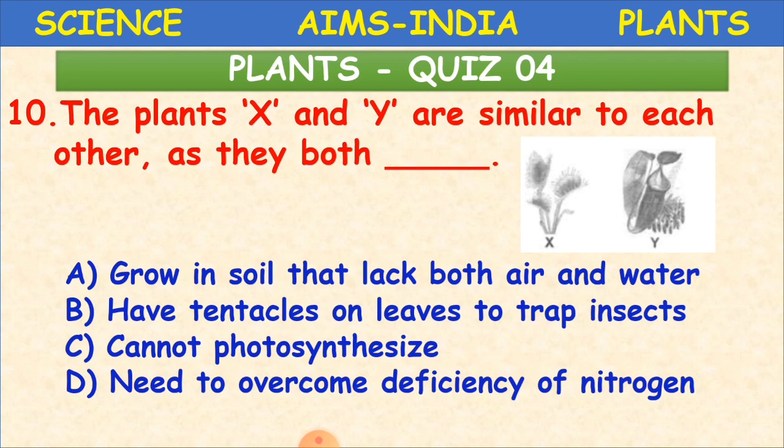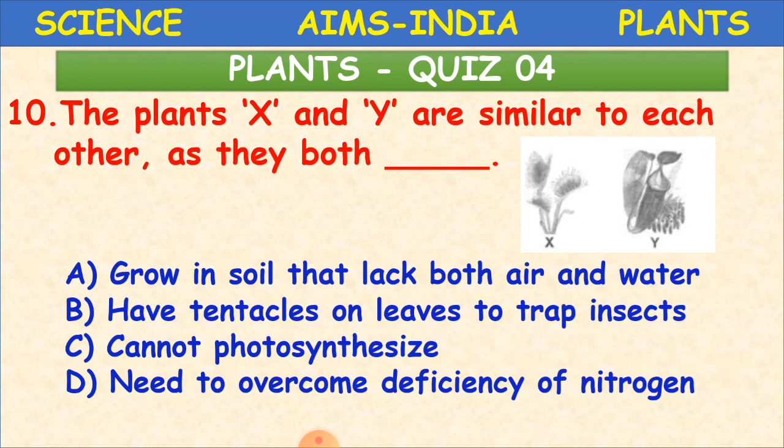These types of plants grow in soil where nitrogen is less, and to overcome the deficiency of nitrogen, they take insects as their food.